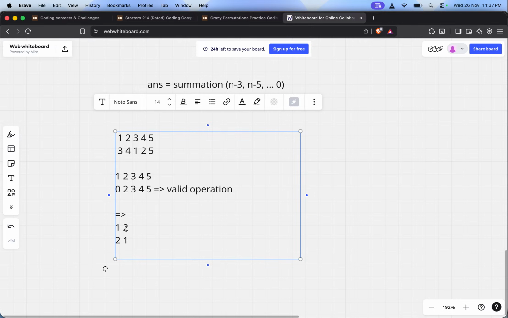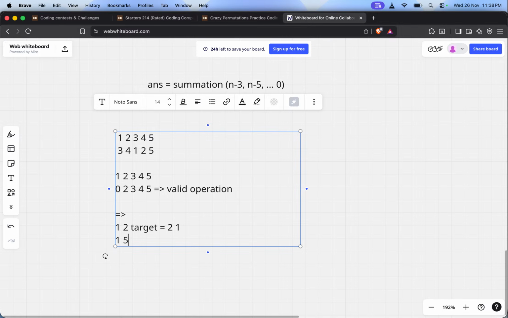Whatever we try, if we just keep increasing this 2 to a very large number, which is our target... Target is 2, 1.